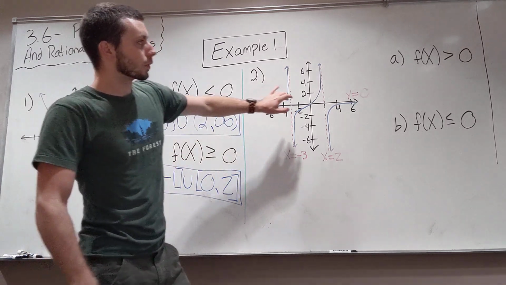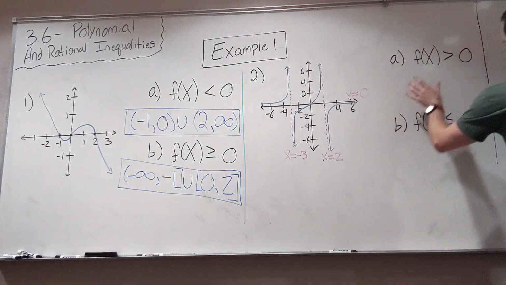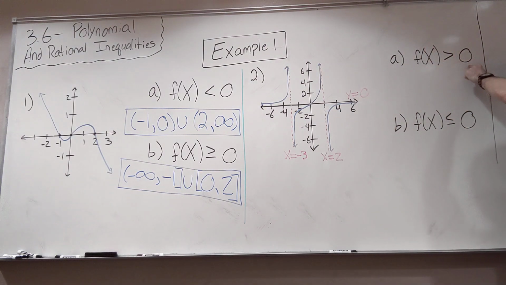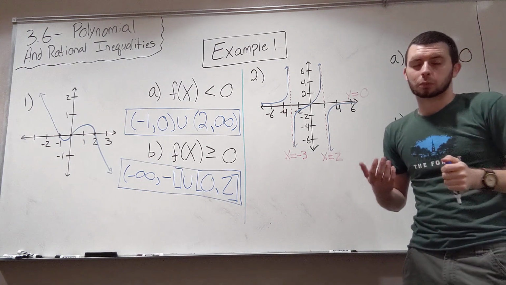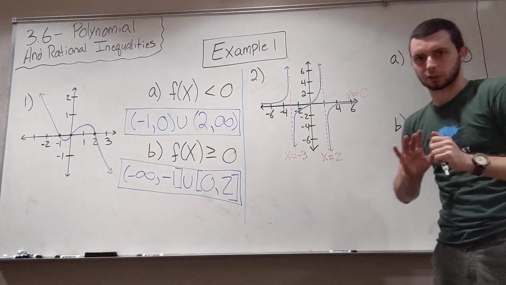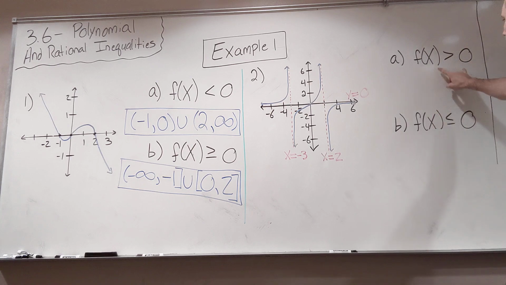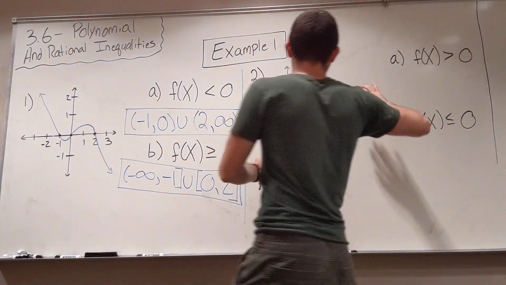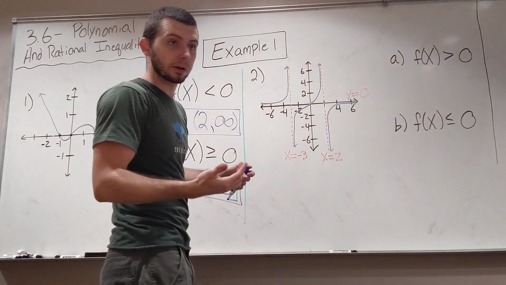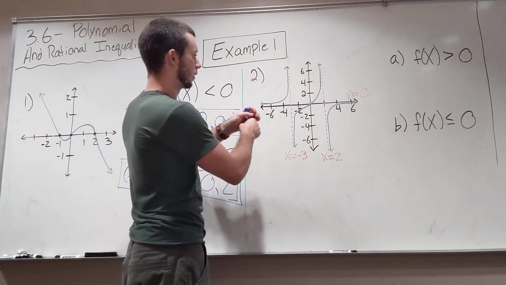So over here, it wants to know when this rational function is above the x-axis or greater than 0. And so we're going to use the same idea as before. We just need to be careful, just in case. So when the function is greater than 0, let's identify all the places where this is greater than 0.